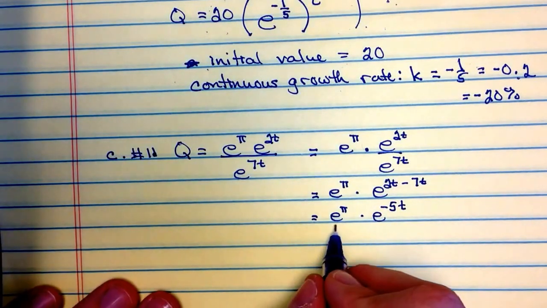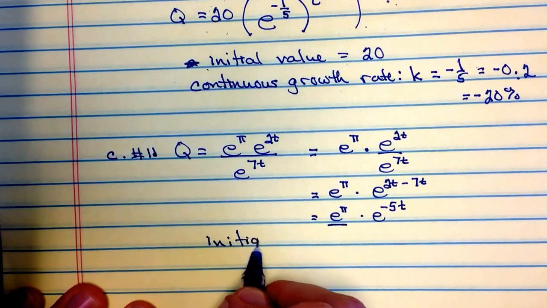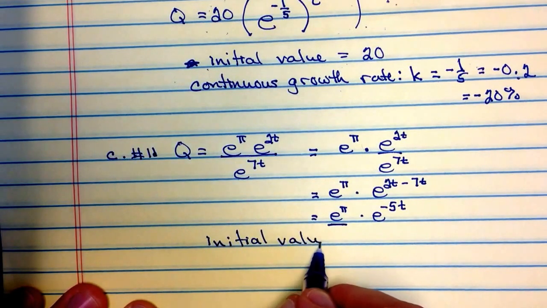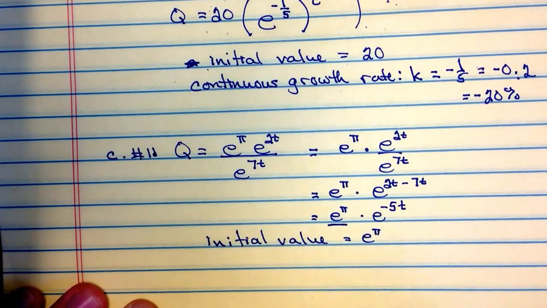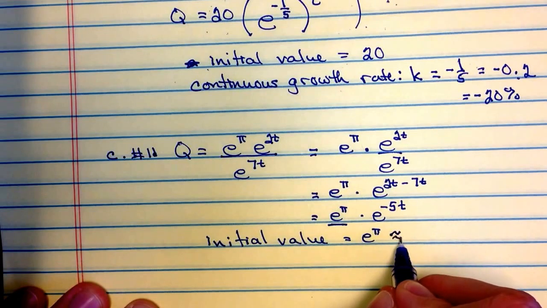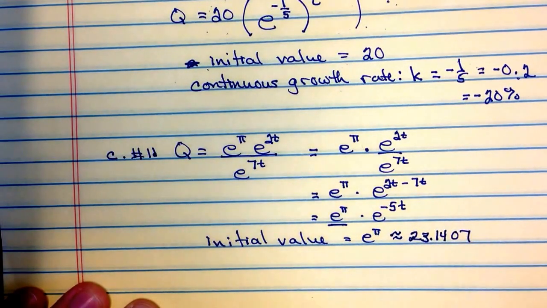So we can see here that our initial value is e to the pi, and whatever that number is. If you're really curious, you can plug that in your calculator. Let's see, e raised to the pi, that is 23.1407.